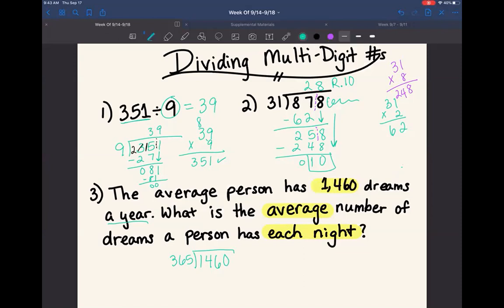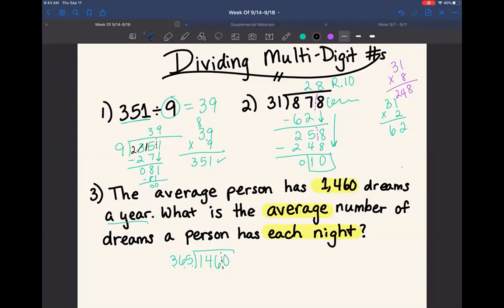So 365 is kind of a weird number. I can't do any shortcuts like I did with 30 and 31, but I know that I have 3 place values on the outside. So I'm going to look at my first three numbers. Can I multiply 365 to get to 1460 or 146?